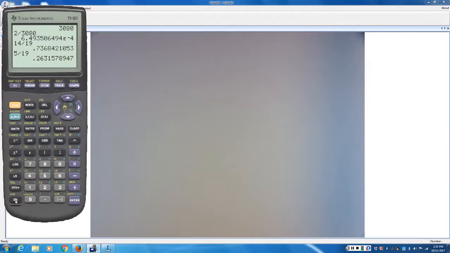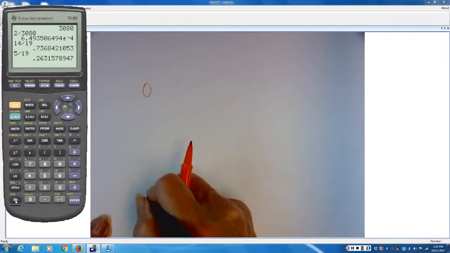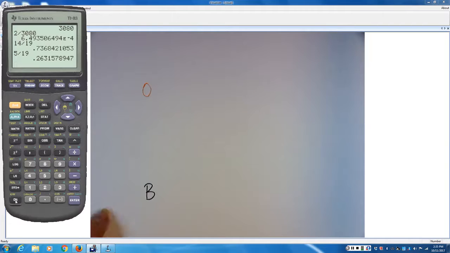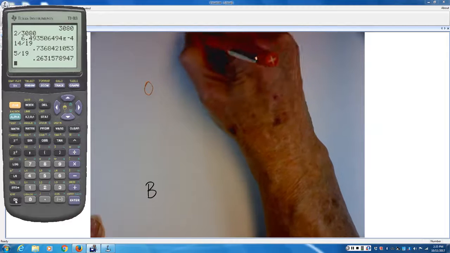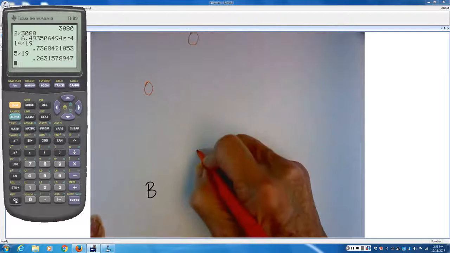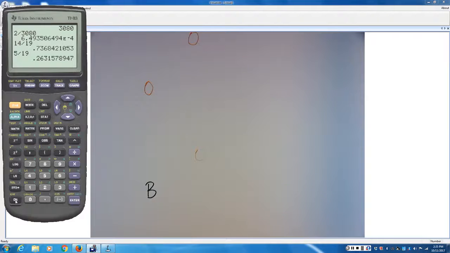So we're talking about M&M number 1. M&M number 1 is either orange or brown. Then M&M number 2 is also either orange or brown.